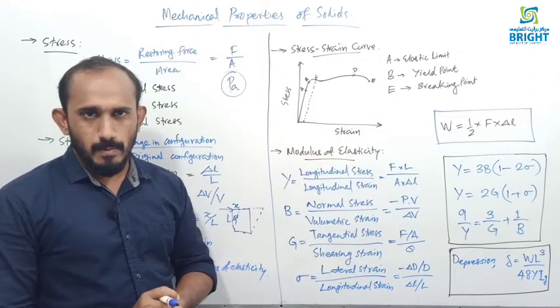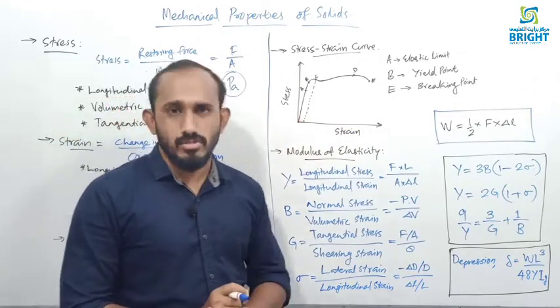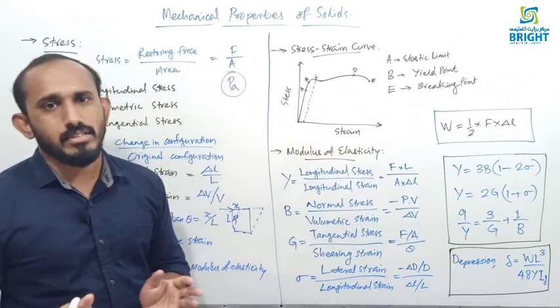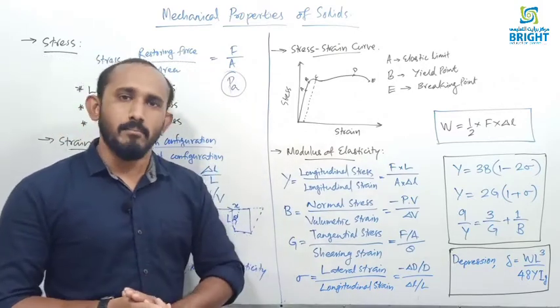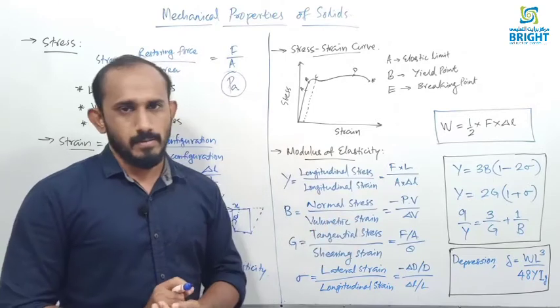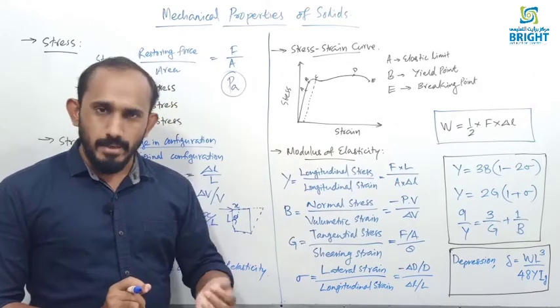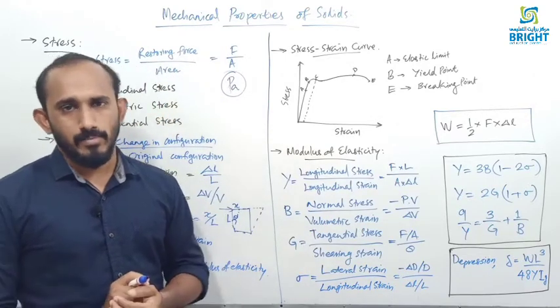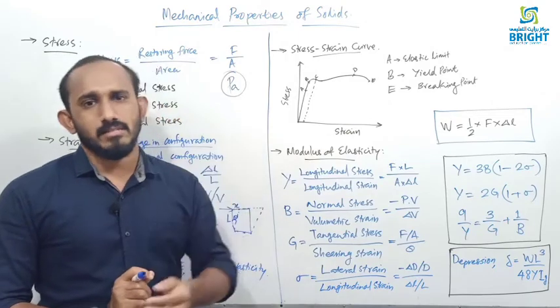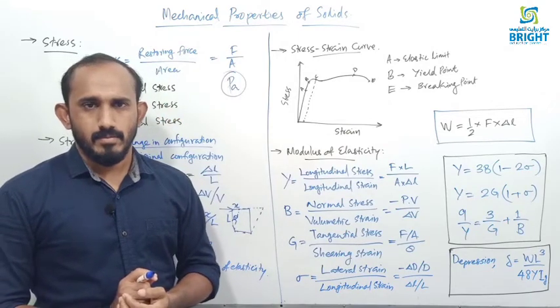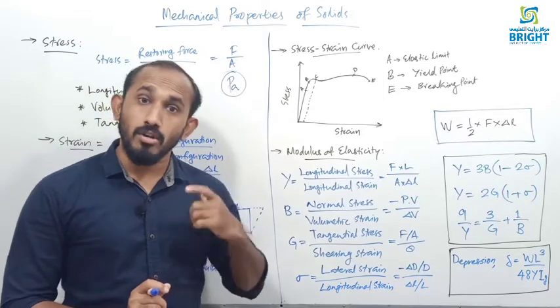From the exam point of view also it is important. If 2 or 3 graphs are given of different materials, you have to compare which is suitable for which purpose. For example, a brittle material has less elastic limit, and a ductile material has a long plastic region.